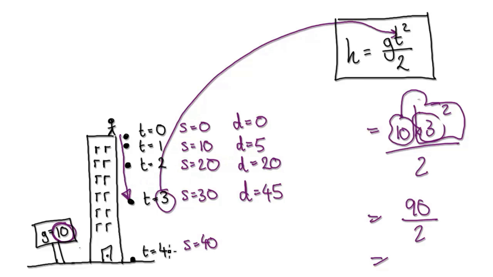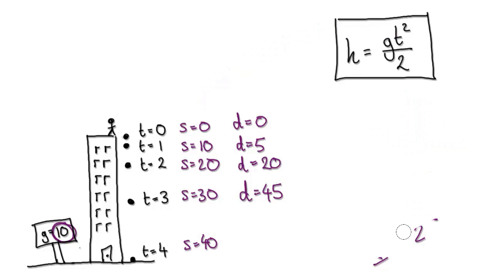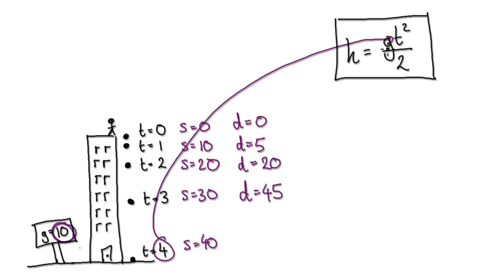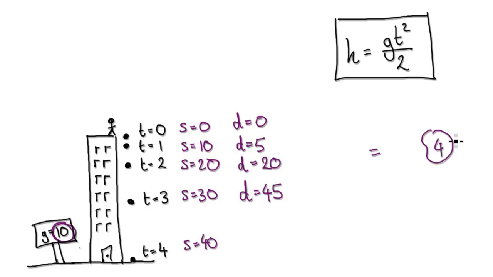Anyway, when time equals 4, if you want to know this distance here, which is like the height of the building, you would put 4 into the t. Then you square it, and then you times the gravity, which is 10, and then you divide it by 2.